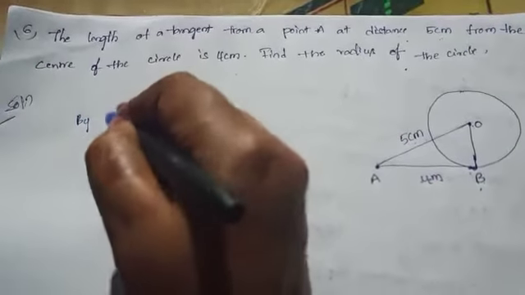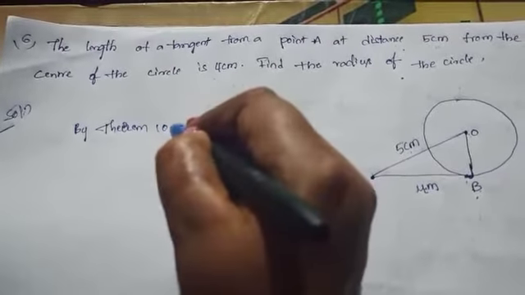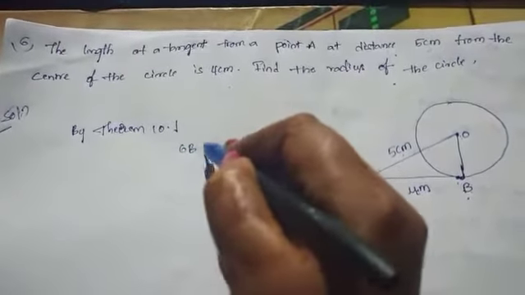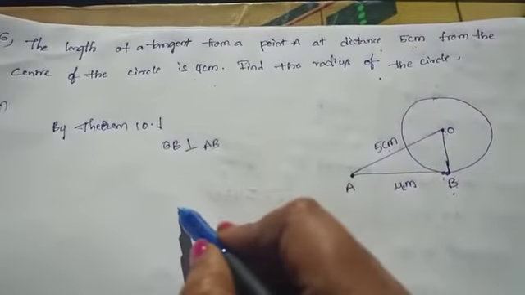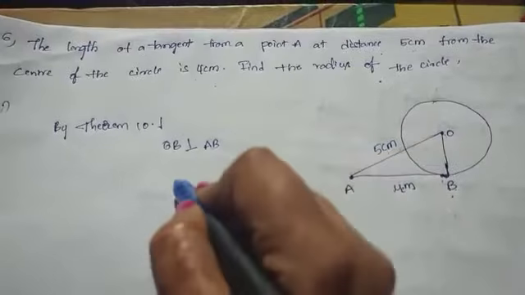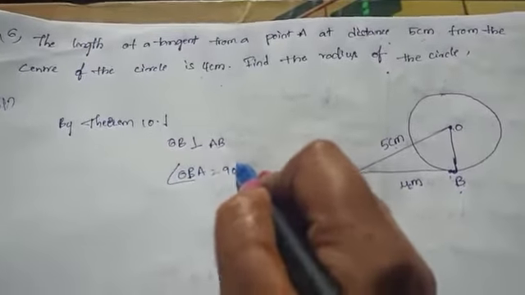By theorem 10.1, OB is perpendicular to AB through the point of contact. So angle OBA equal to 90 degrees.